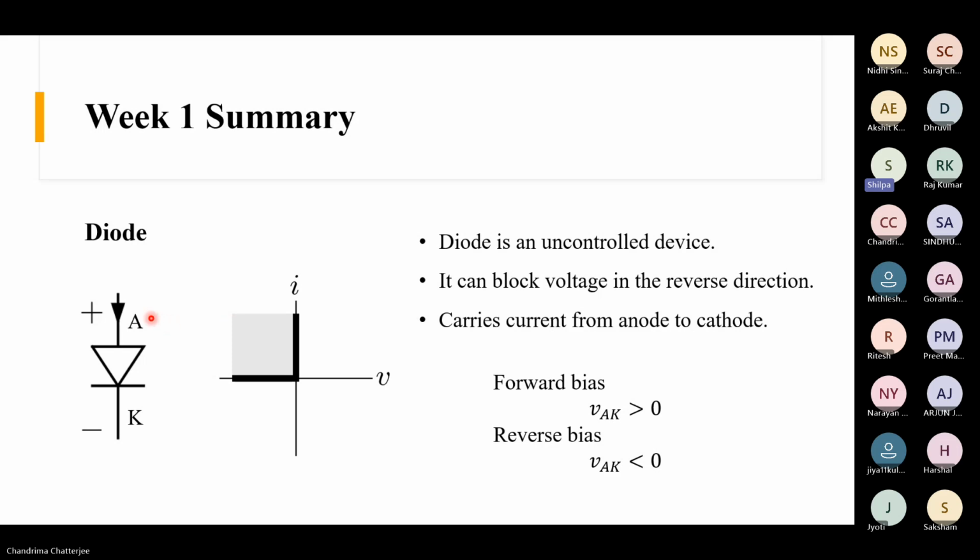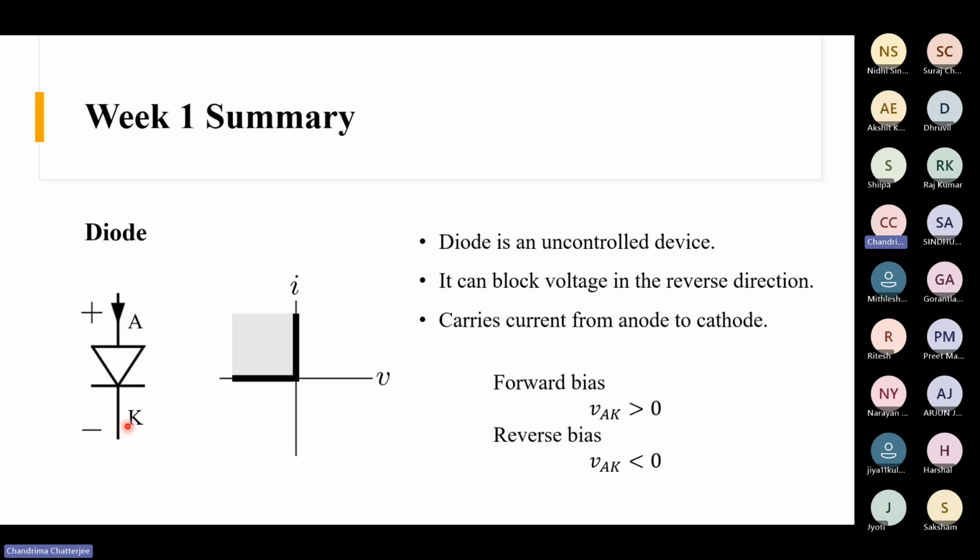Yes. And if the case is opposite, so the potential of the cathode terminal is greater than the potential of the anode terminal, then we call this a reverse bias. In that case, the diode is turned off and it can't conduct, right? A diode is also a unidirectional unit, it can carry current only from anode to cathode, I am saying an ideal diode.